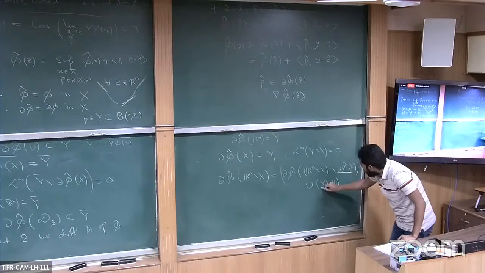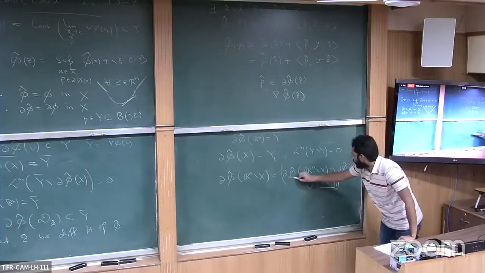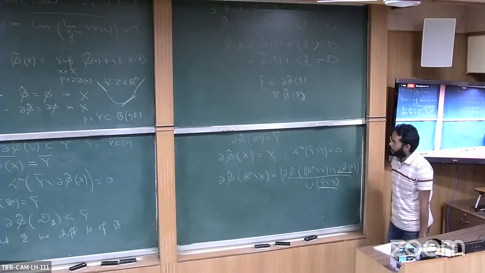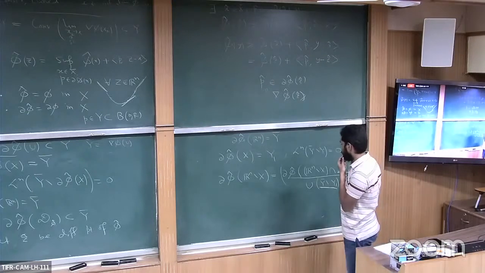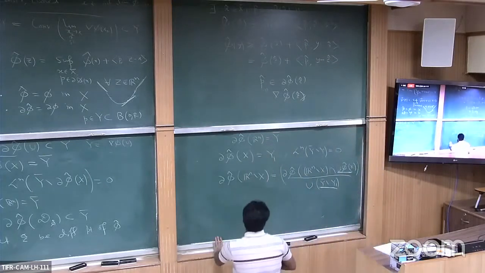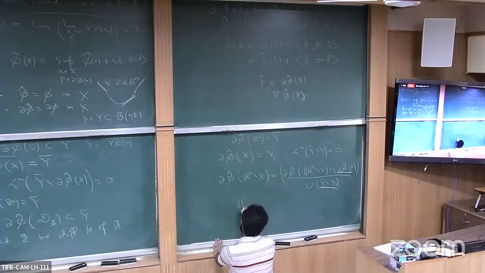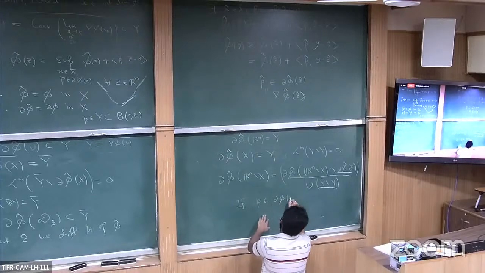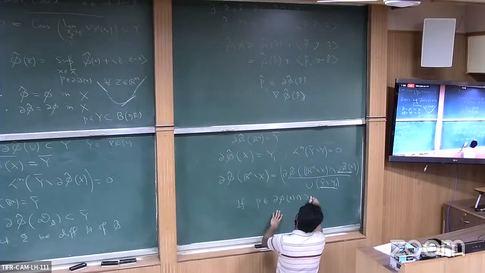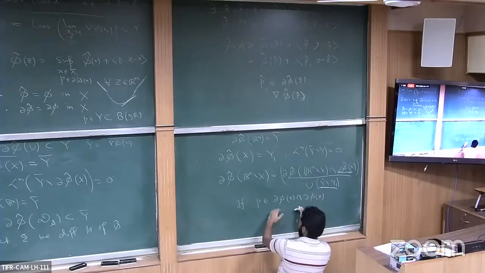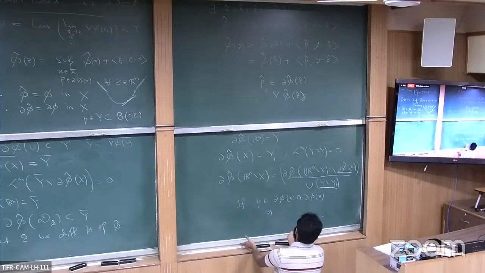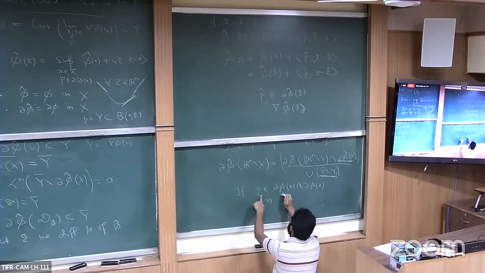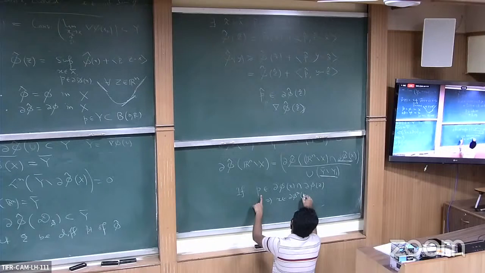Now you see that this has Lebesgue measure 0 and this has Lebesgue measure 0. Again, a result in convex analysis tells you that if p is in the intersection of the subdifferentials of two points, okay, then this implies x is in the subdifferential phi star of p.